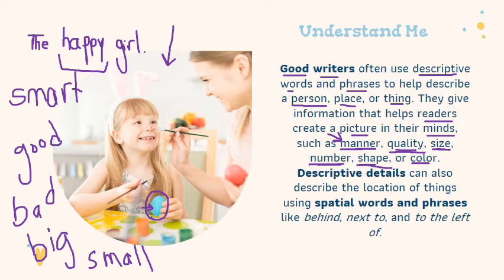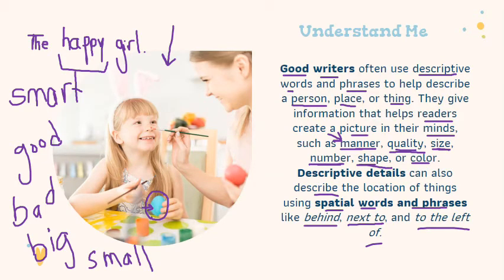But not only this, sometimes you can describe the location using spatial words and phrases. What do I mean by spatial? This is a new word. Do not panic. Even though it's a new word, it's so easy to use. Why? Because these spatial words are words like behind, next to, the left of. For example, the girl sitting next to the teacher.